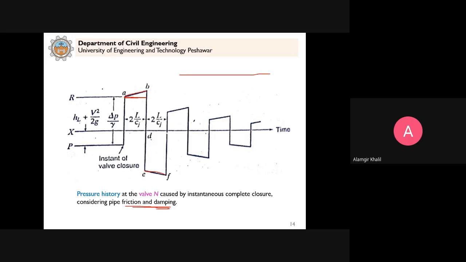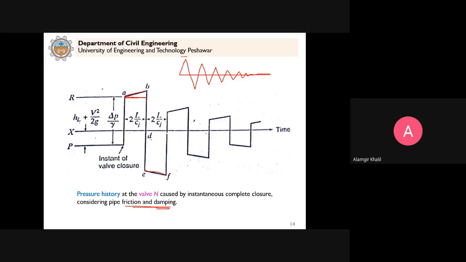So let's say this is the effect here due to the damping, then small, then small, then small, and eventually the effect is here. This is how the effect will occur due to this water hammer.